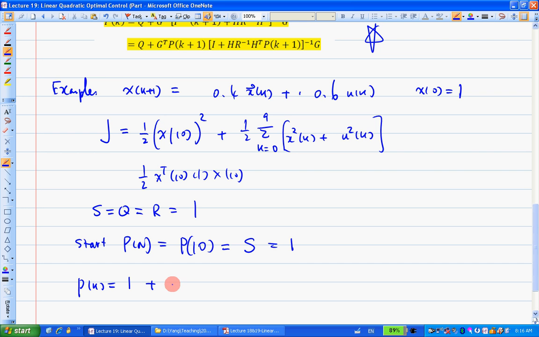This guy here, 0.4. Transpose, it's 0.4 times P of k plus 1, inside here I is 1 scalar. H is 0.6, and R is 1, so 1 inverse is still 1. H 0.6 P of k plus 1 inverse G 0.4.